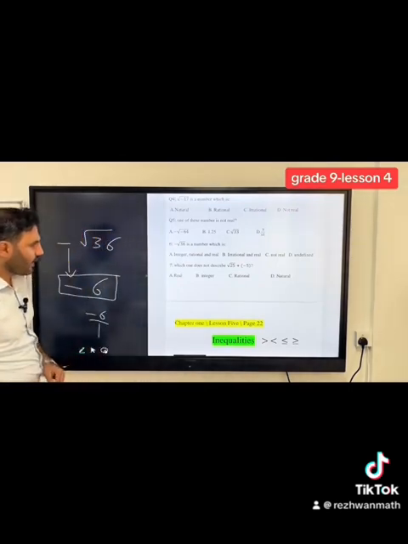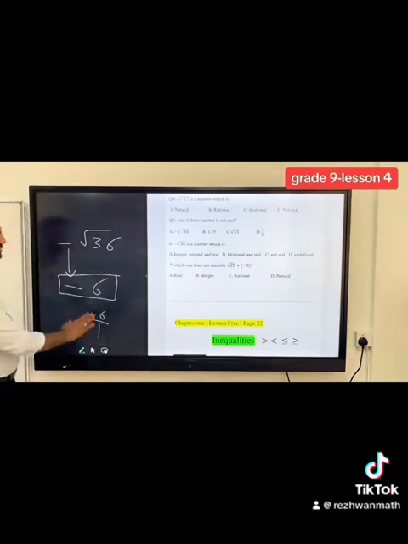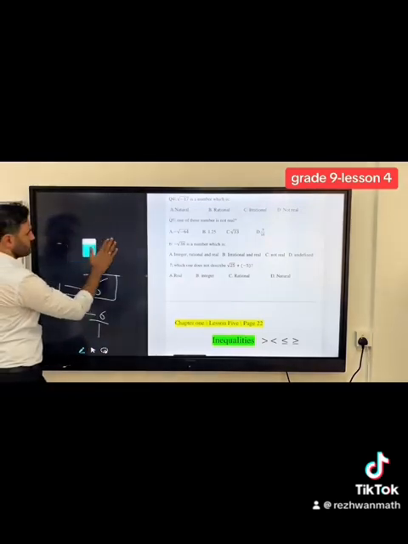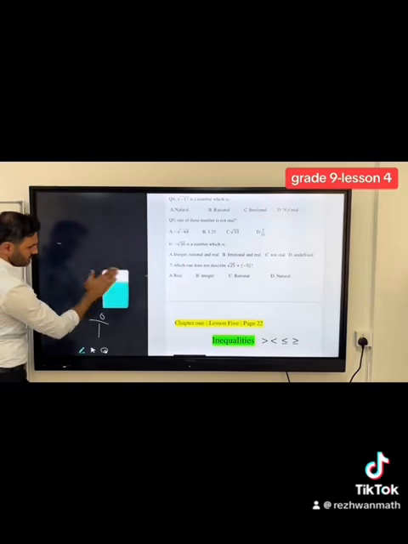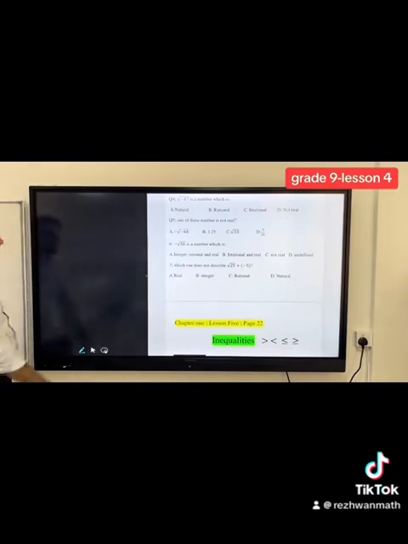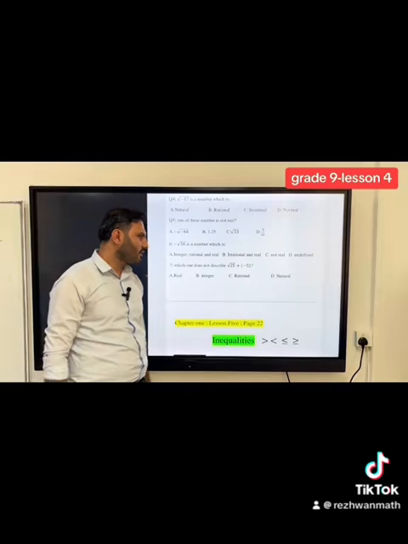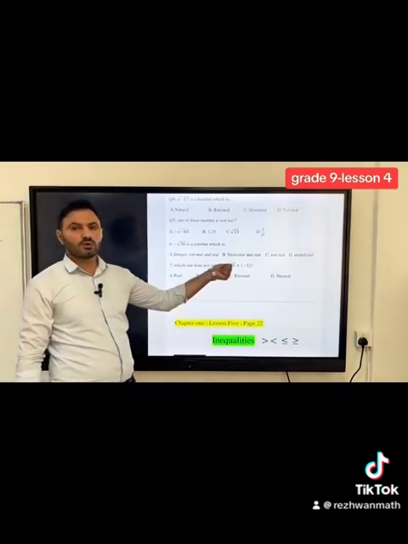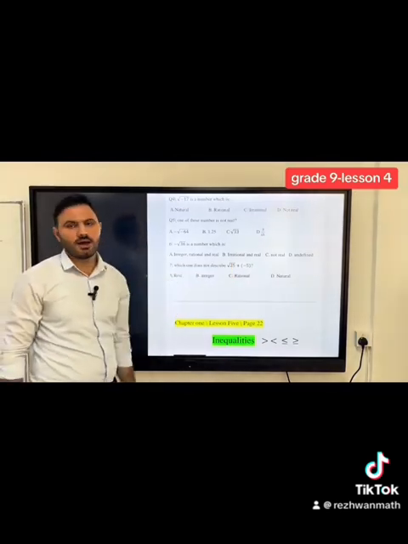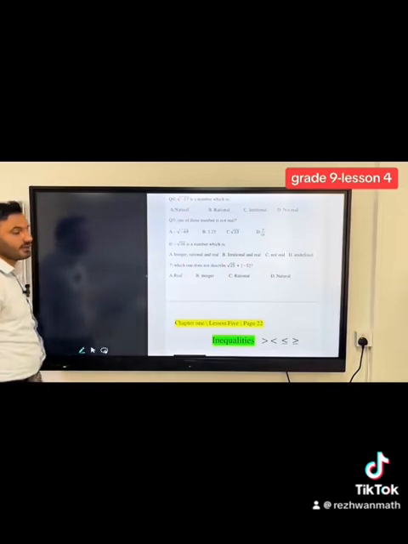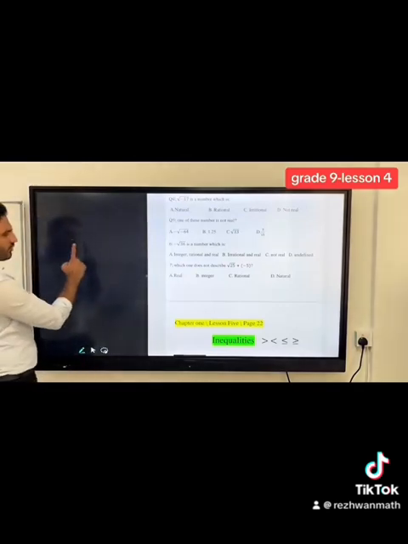Okay, the last question is: which one does not describe square root 25 plus minus negative 5? The square root of 25 is 5.